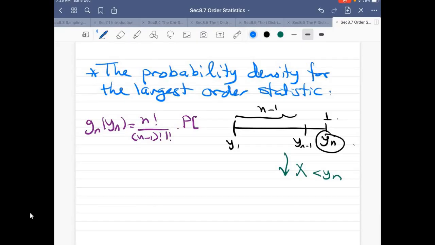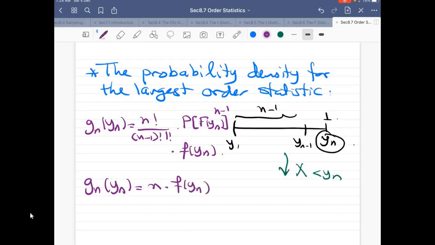So probability of x less than y sub n will be F capital at y sub n power n minus 1 into density of f at y sub n. So this will reduce to gn of yn equals n into f of yn into CDF of x at yn power n minus 1, for minus infinity less than yn less than infinity.